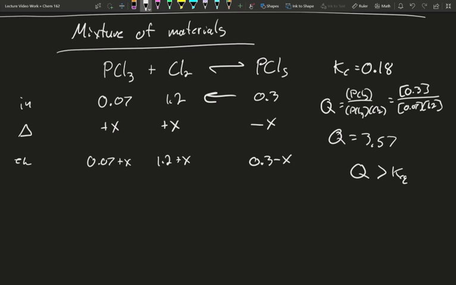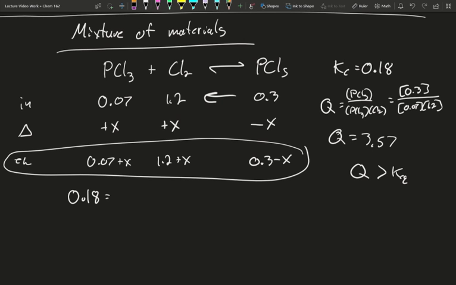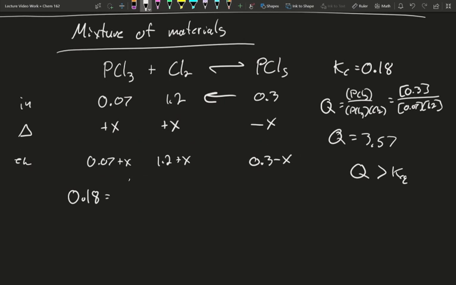We'll have lost some products. We can still set this equal to our K value, so 0.18, our equilibrium value, must equal these equilibrium concentrations. Our product, 0.3 minus x, over our reactants, 0.07 plus x times 1.2 plus x.